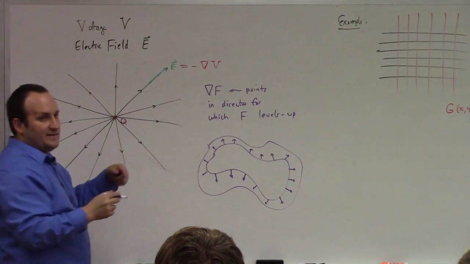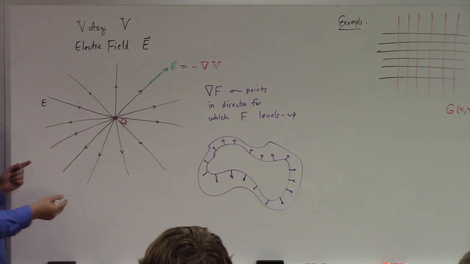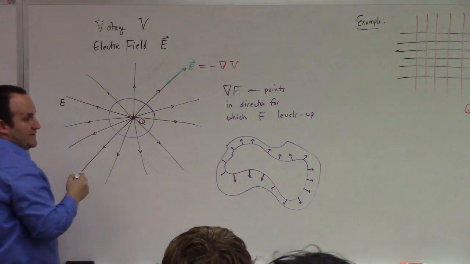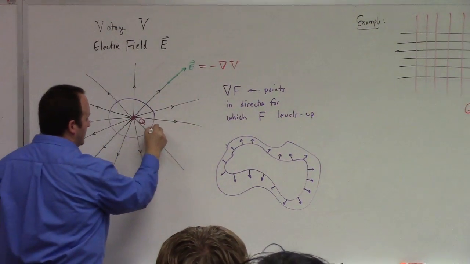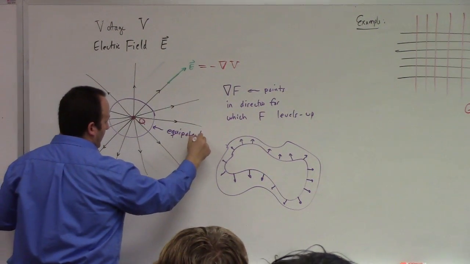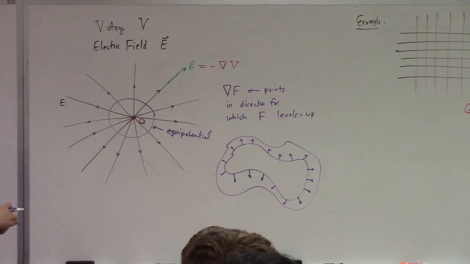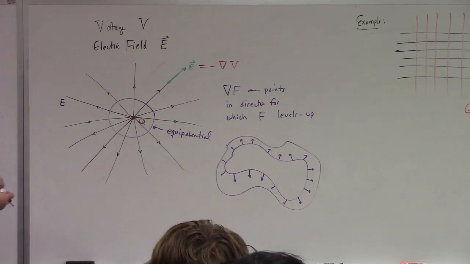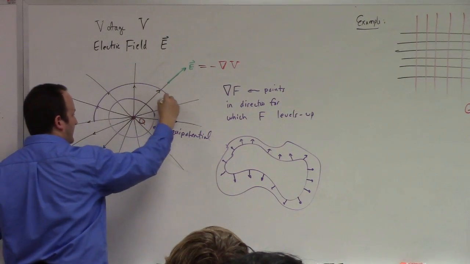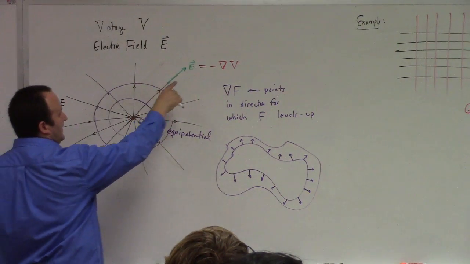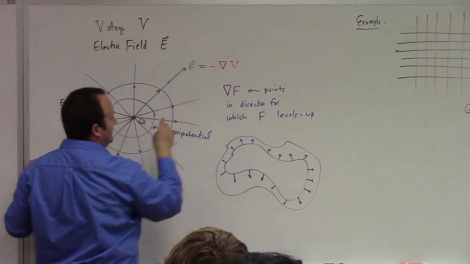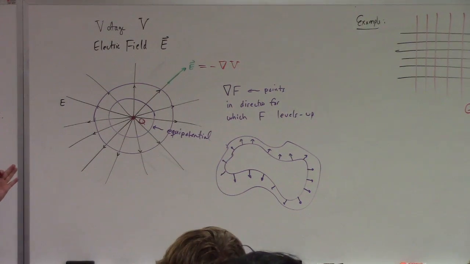Now in this case we're in a valley, I guess. These are so-called equipotentials, in other words, the curves of constant voltage. Now there's a minus here. This pesky minus changes things up a little bit, right? That means the electric field points in the direction of minus the gradient, in other words, in the direction in which the voltage is decreasing.